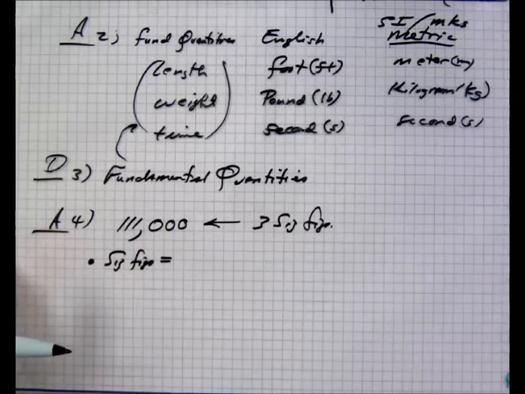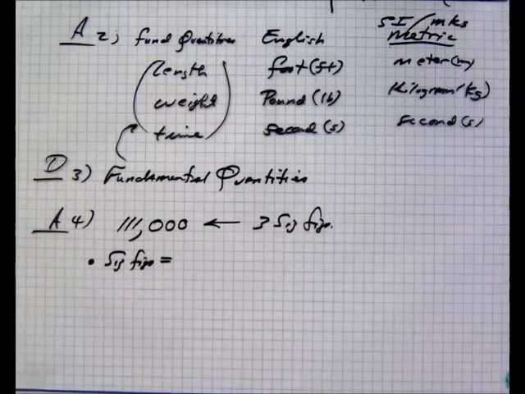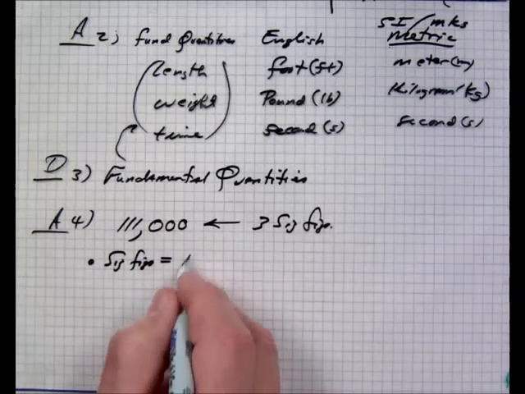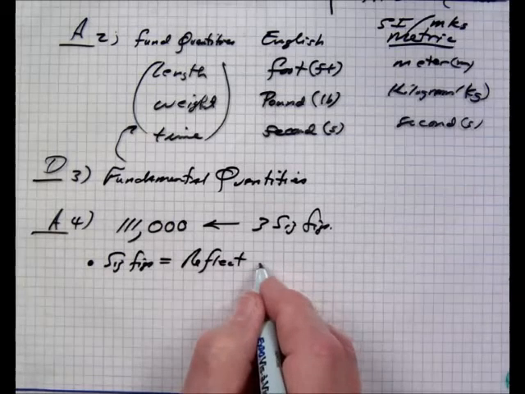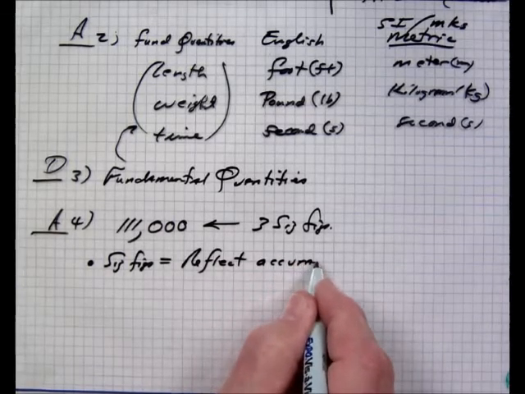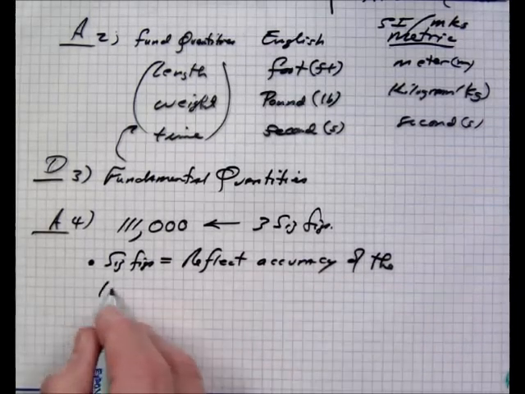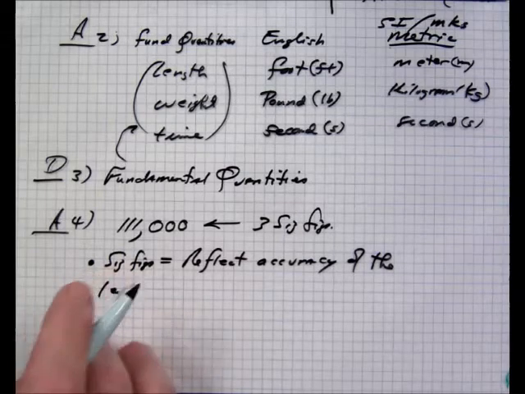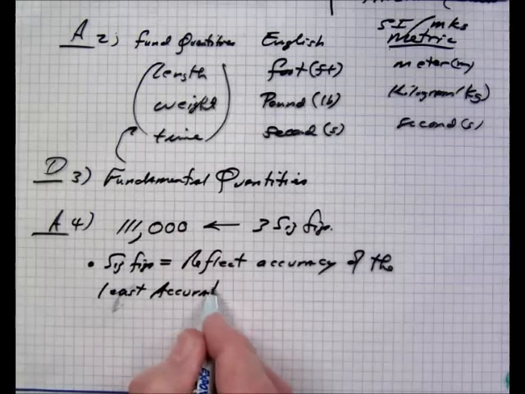Fine. It gives you a density, theoretically. But from a practical standpoint, and in consideration of how accurate your experiment is, you have to round everything to whatever the least accurate device is. Please remember that. So sig figs reflect accuracy of the least accurate measuring device.